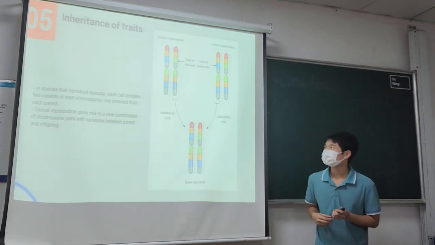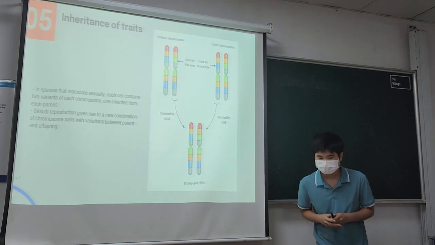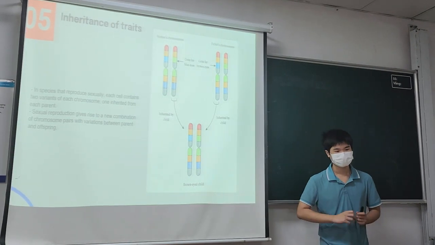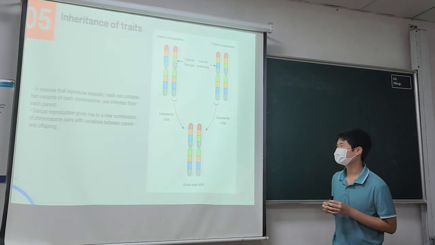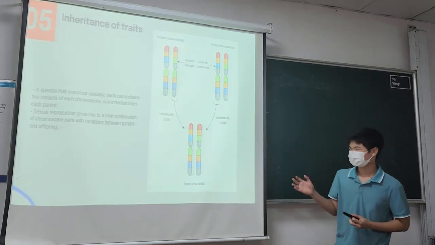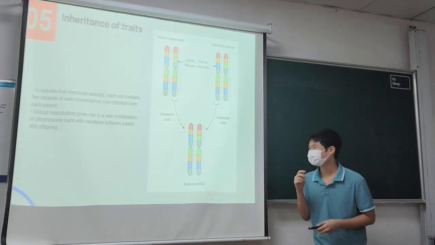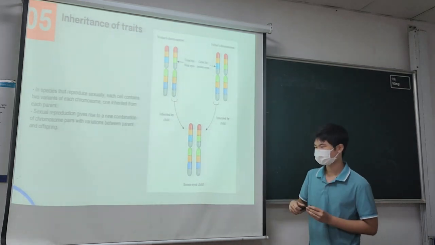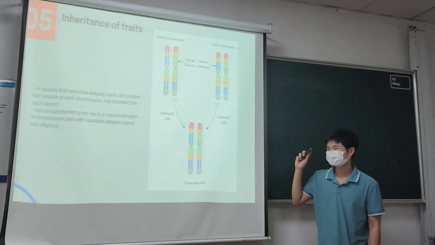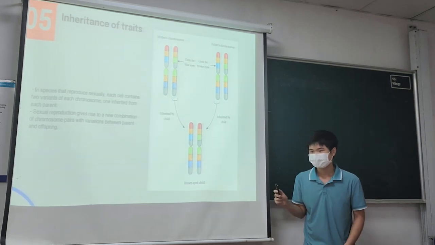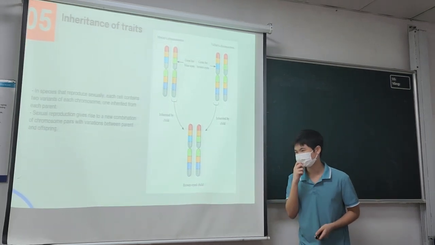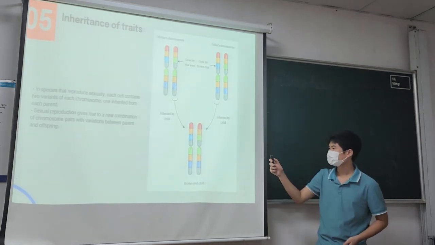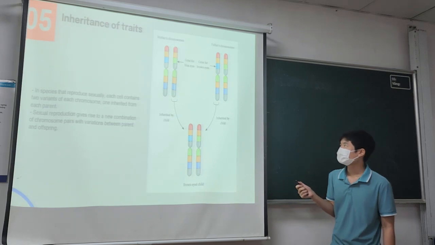Okay, next, the fifth slide will be about the inheritance of traits. I think it's very easy to understand that when you are a child, you receive characteristics from both your mother and your father.